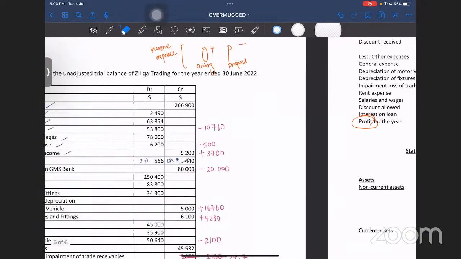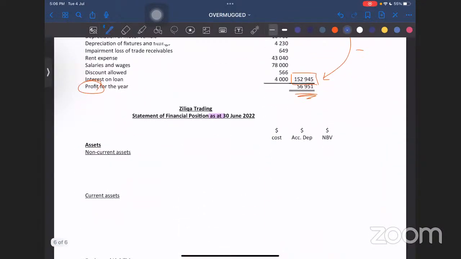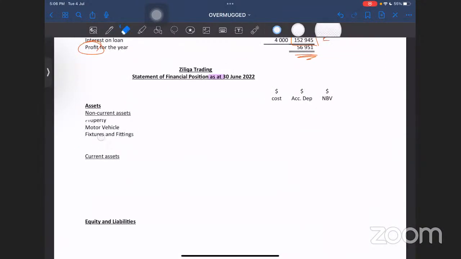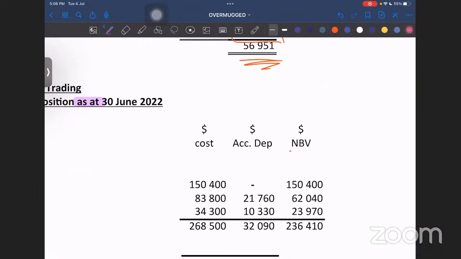Okay, so for here, my non-current assets, I have these 3, right? Okay, so I will record these 3 together with their accumulated depreciation. So just like that. So essentially, I will just copy paste from the trial balance before. Okay, so how to get this net book value?